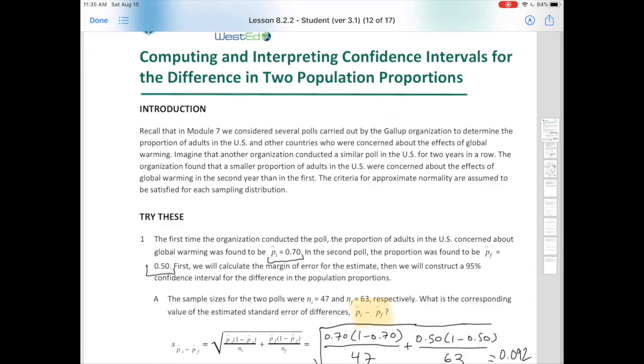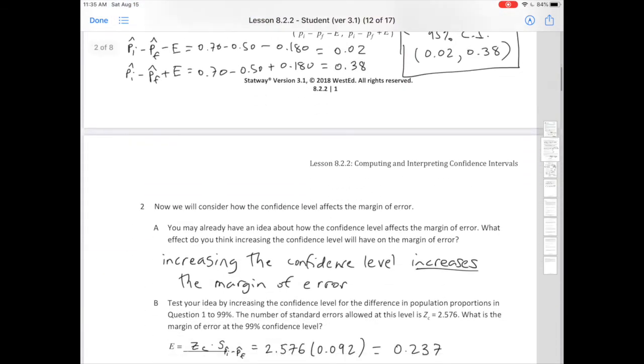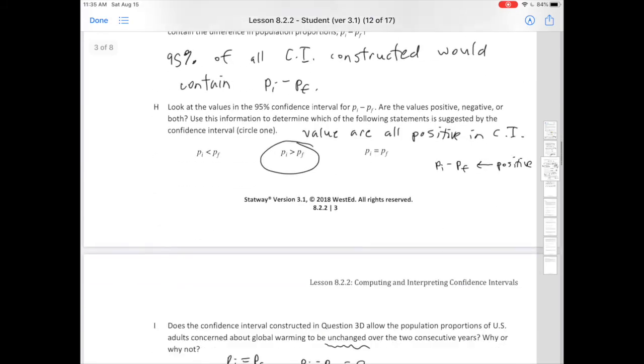We're talking about the US, and it just says 2 years in a row, and it doesn't really tell us what year we're talking about, so let's just call it year 1 and year 2.